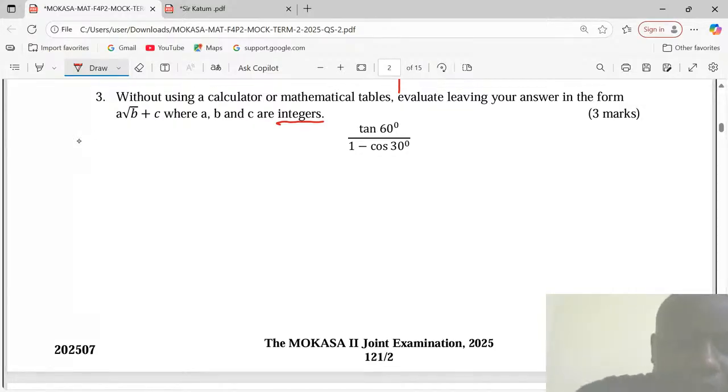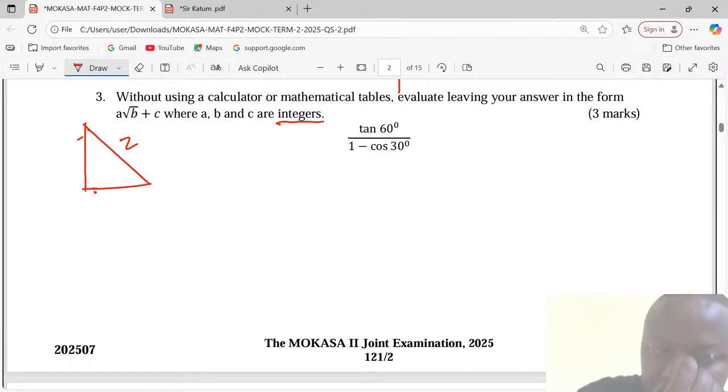Let me put it on a diagram. If we had an equilateral triangle of side 2 units, the hypotenuse will remain 2 units after bisecting it. Then we'll have one here. If it's a right angle at this point, then we'll have the root of 3.